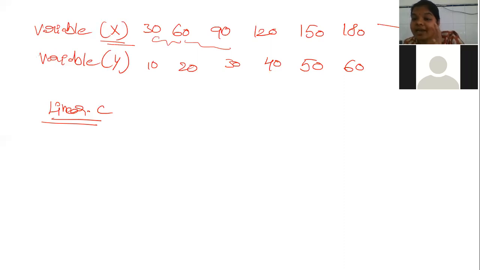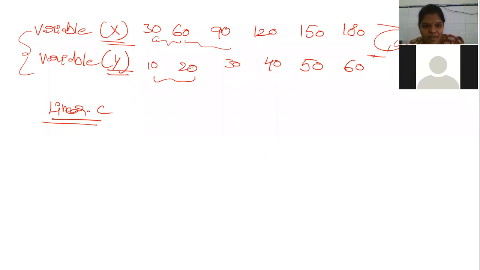It was exactly maintaining a constant ratio, that is 30. And in case of variable y, it is maintaining 10. Constant ratio of 10. So here what we observed, what is the definition of linear correlation? The variables will be moving with respect to a constant ratio of the particular values. Then we may call it linear correlation.